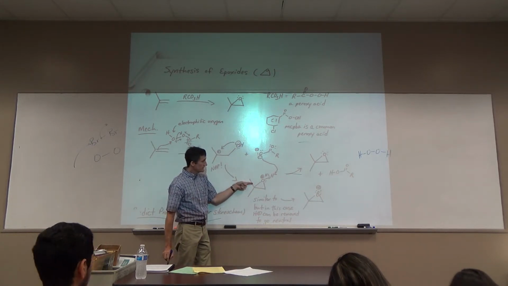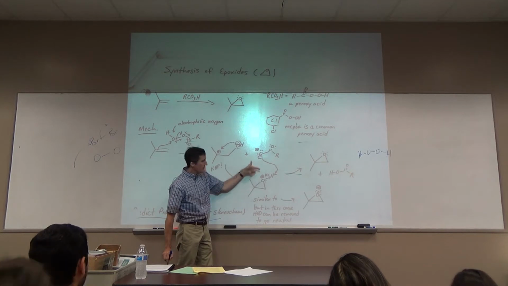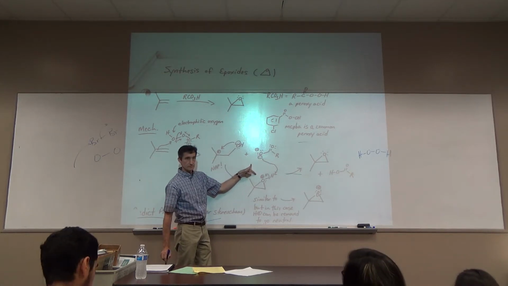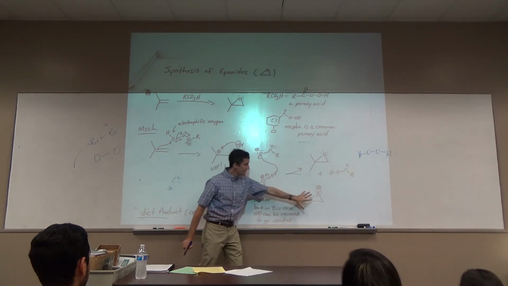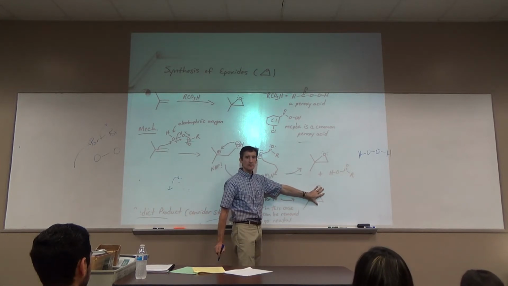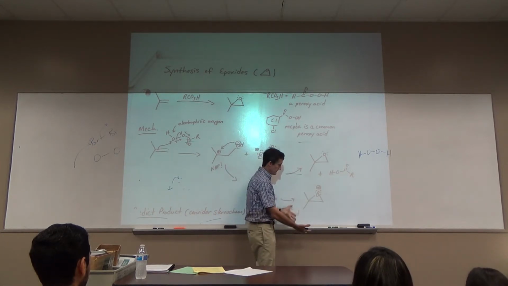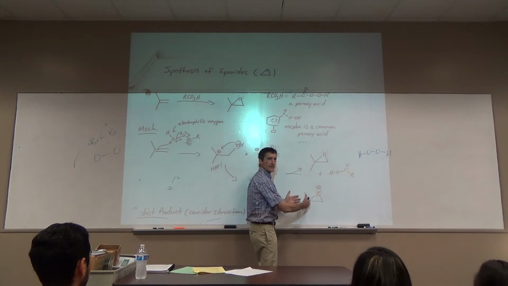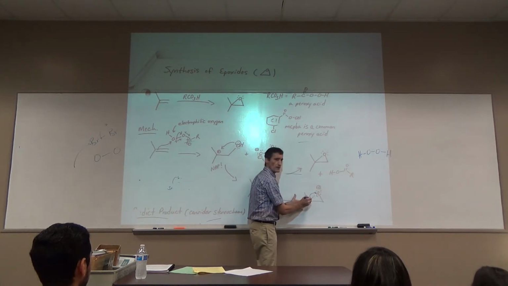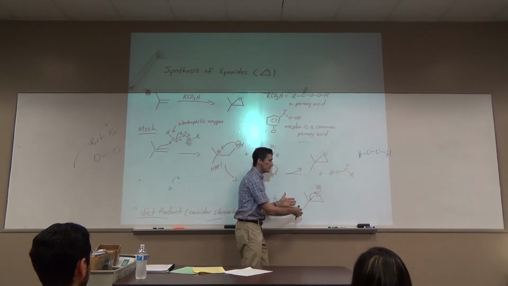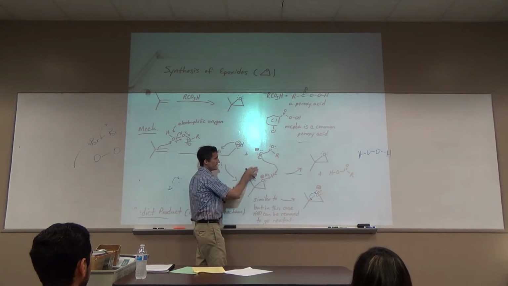The big difference is this can go neutral by losing an H. That can't go neutral by losing an H. This has to be further chemistry. Something comes in and gives it its electrons back. So you get further chemistry. Here you just get acid-base chemistry.